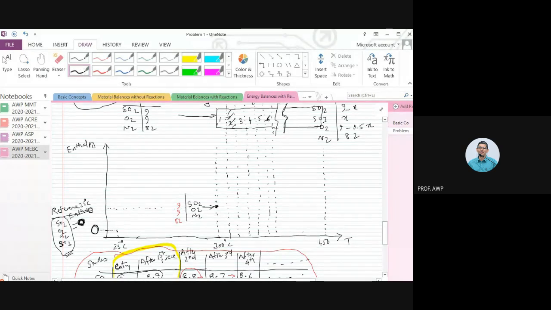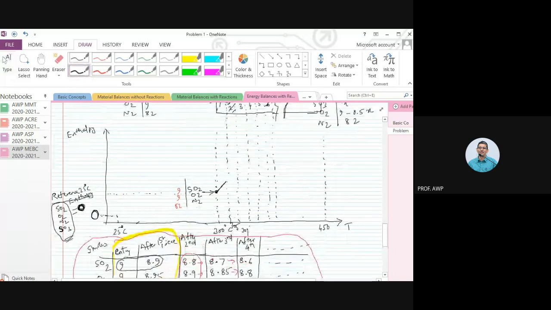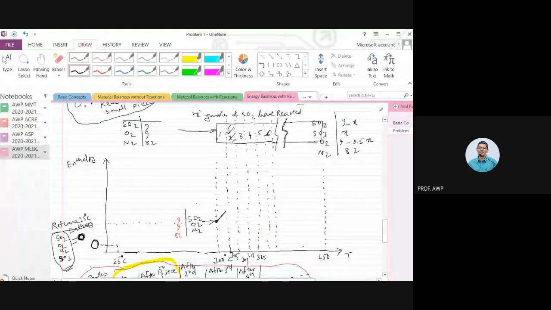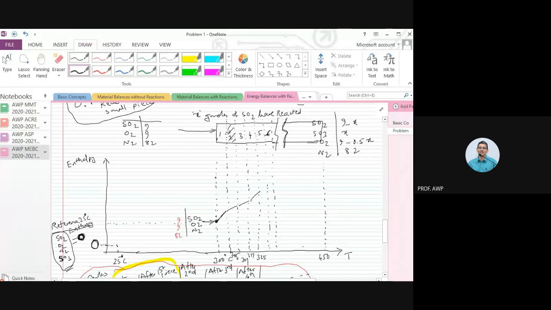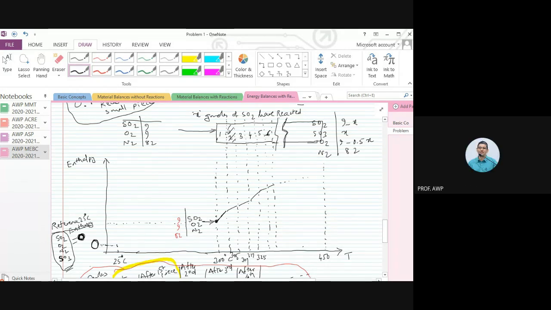It has been heated up to 305, then 309, then 317, 325. It is going like this. Do you agree with that?